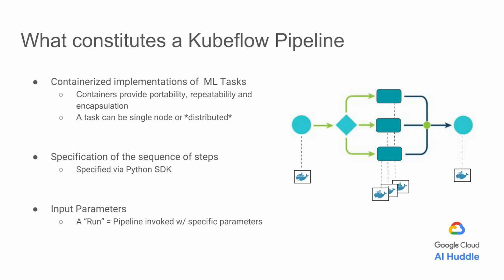As I said, a pipeline is basically a set of ML tasks, and we use containers to encapsulate all it needs to run, to make the code portable and repeatable. A task can be run on a single machine or in a distributed fashion, and Kubeflow takes care of that. There is a Python SDK that lets you specify the steps that your pipeline needs to run and the dependencies between the different steps.